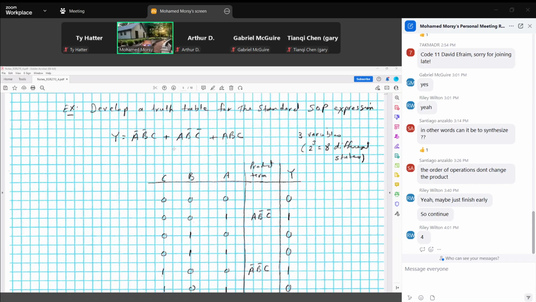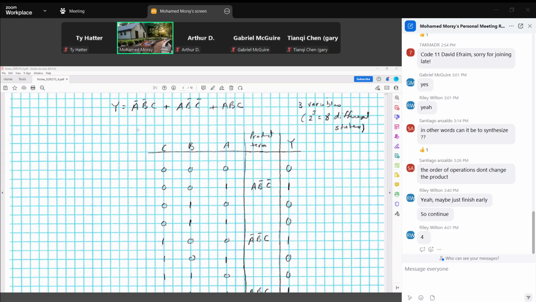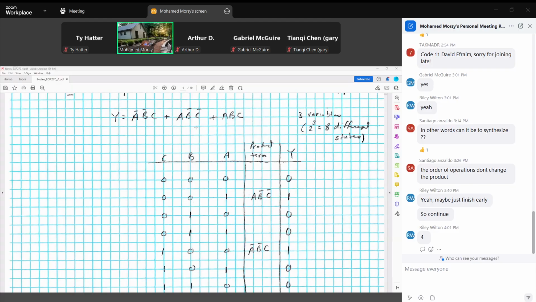If it is not, before we do anything, we must convert it to standard form first. Okay, now, how do we draw the truth table from this expression? Remember, each product term here has value bit 1. Remember this. So we have 3 variables.